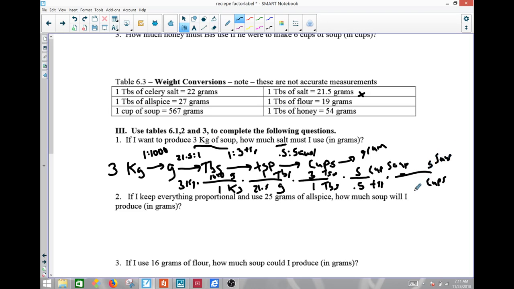In this case, it says right here that 1 cup of soup is equivalent to 567 grams. So you take 3 times 1,000, divide by 21.5 times 3 times 5, divide by 0.5 times 567, enter, and that is your answer in grams of soup.